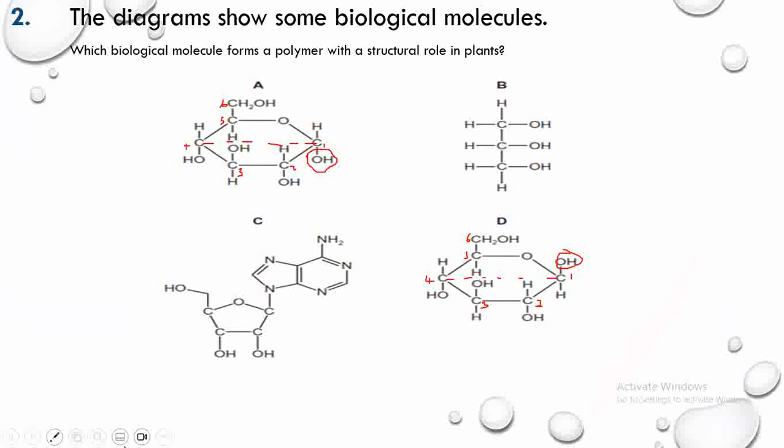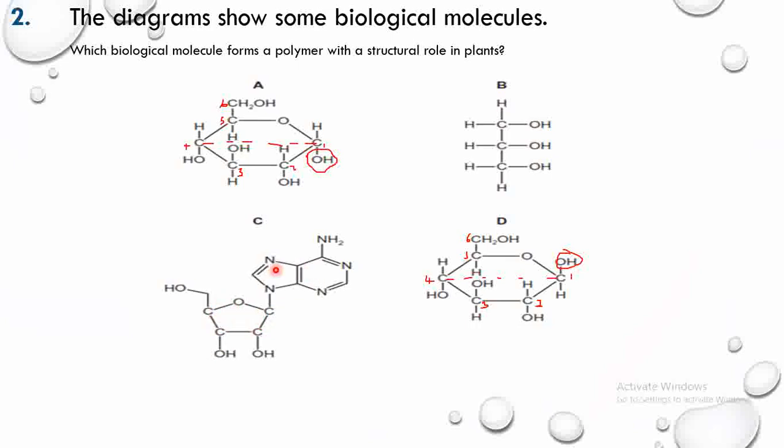Did you get it? Now, if you come to this, this is glycerol. That's glycerol. It doesn't play a structural role in plants. Now if you check, this is a pentose sugar.